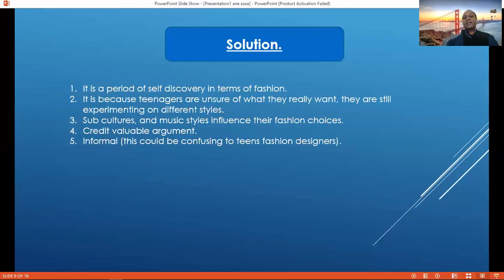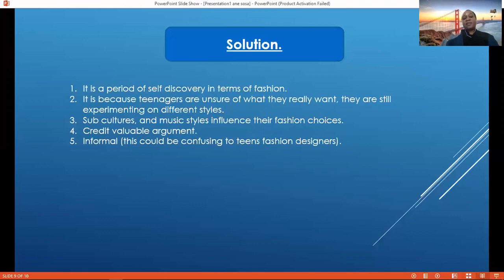Number 3, subcultures and music styles influence their fashion choices. Number 4, you will credit, or we will credit, a valuable argument. It depends on whether you agree or disagree. But all in all, what is important is for you to support or substantiate your point.